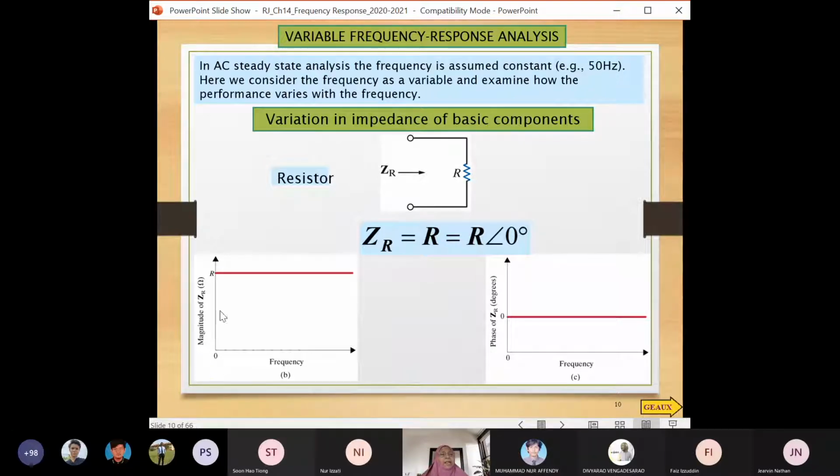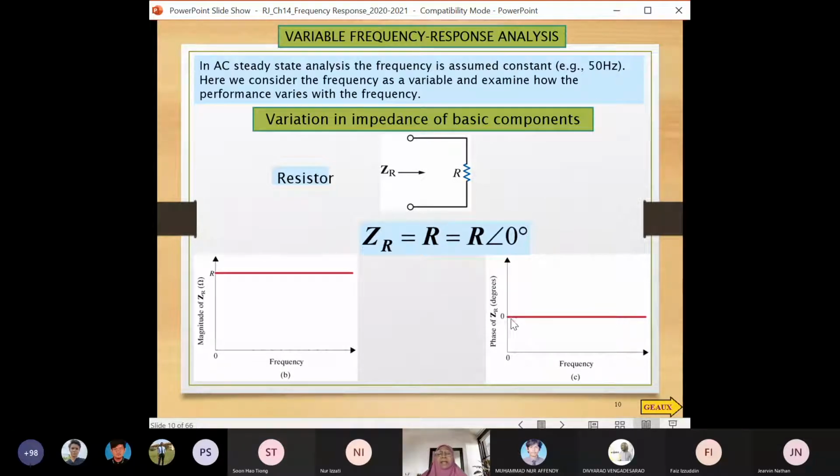When you have an impedance value Z and change the frequency, for example a frequency of 0, 10, 100, 1000, the Z value at those different frequencies remains the same.